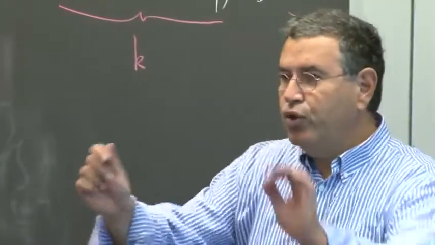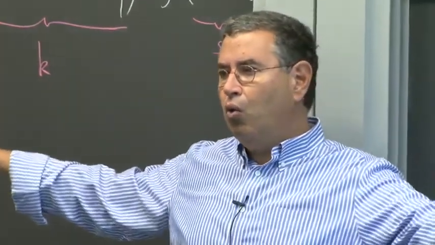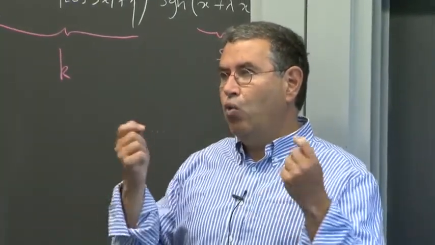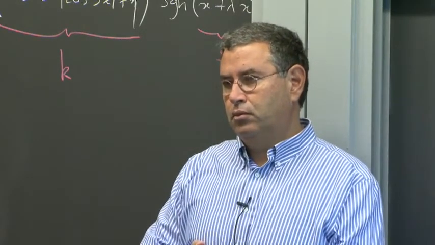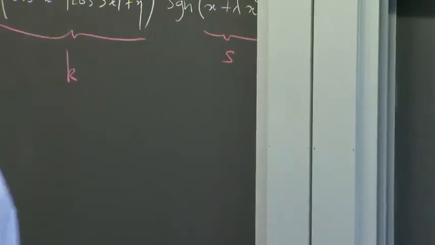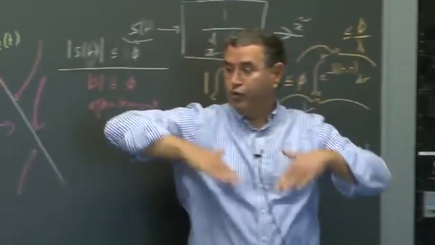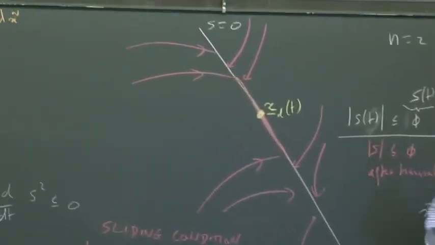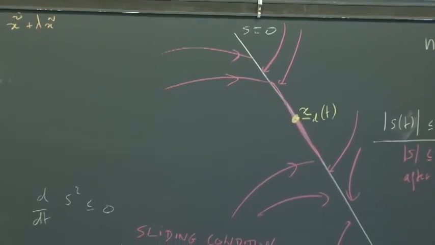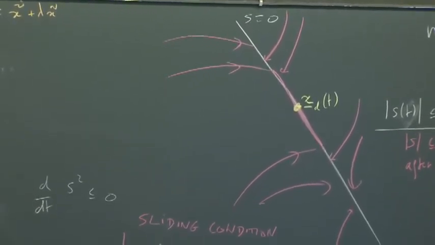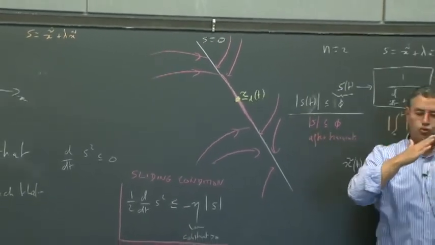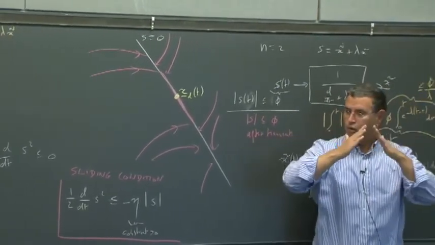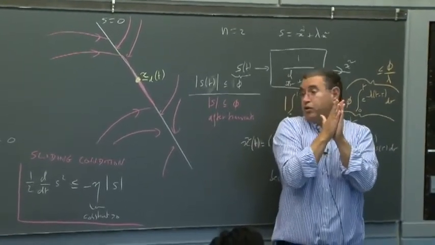So intuitively, why does this work, and what may be a problem? If you think again of this diagram, you have this surface here, and you have the arrows moving around. As long as the arrows move around and keep pointing toward the surface, your motion on the surface is not affected. It means, by the way, that they need to be able to move, so they can't start tangent to the surface.